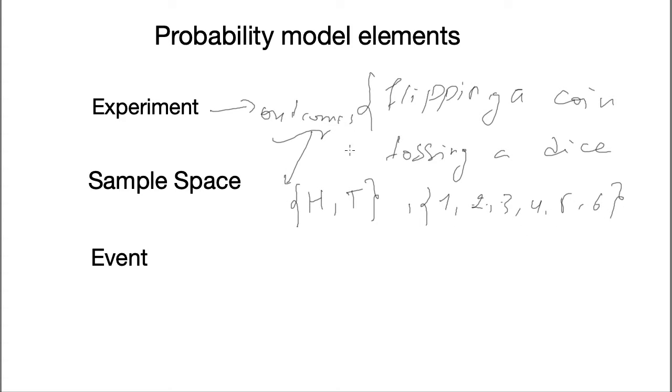So this is the sample space of these experiments, and each subset of this sample space is called an event. So an event is any subset of the sample space. For example, in this case, the heads is an event, or the tails also is an event. The same, for example, in tossing a dice, each element of this sample space is an event.